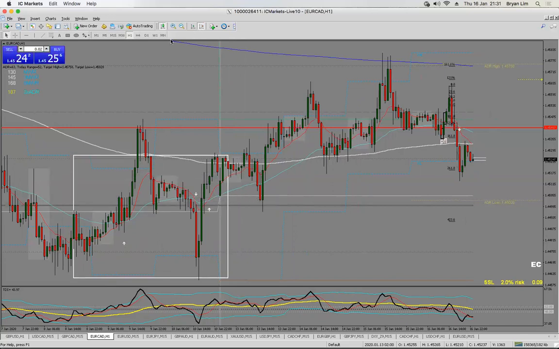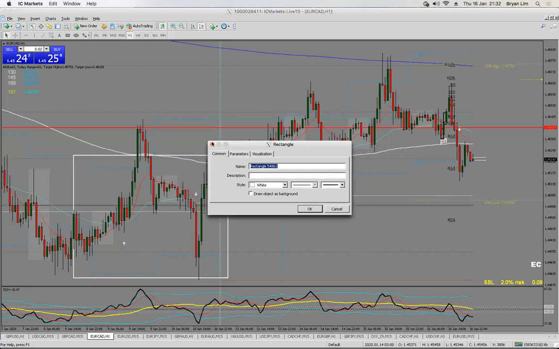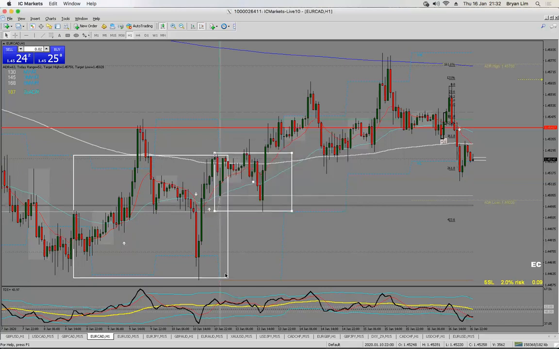Right there. And then we have level 1 consolidation, right? So this is the highest points that level 1 reached. Coming out of that, this is the lowest point. So this is a level 1 consolidation, right?